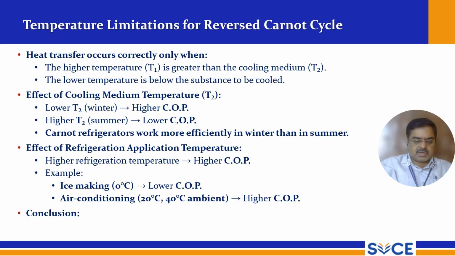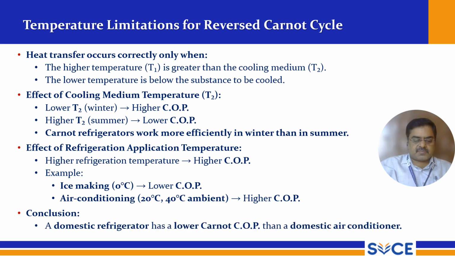We can conclude that a domestic refrigerator has a lower Carnot COP than a domestic air conditioning system. This is the conclusion we can make using these limitations of the reversed Carnot cycle.